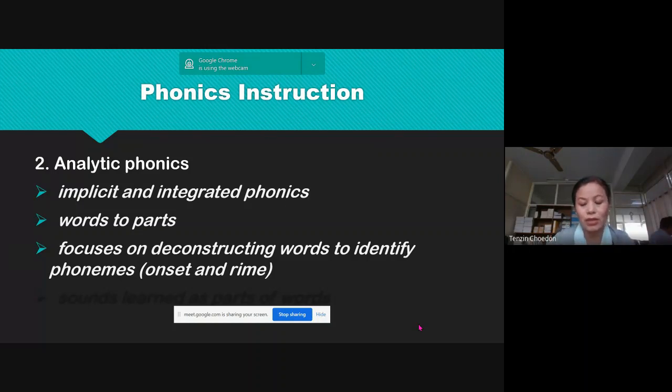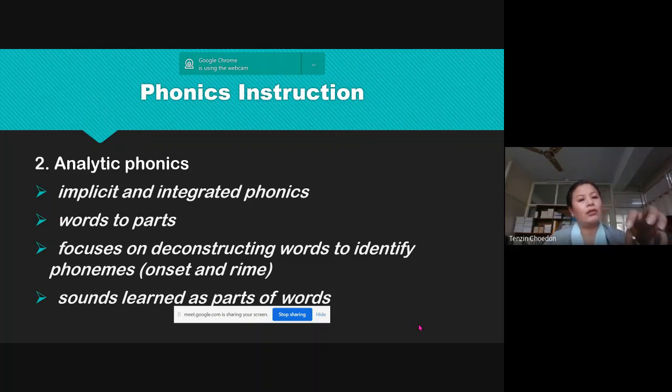We'll learn about this also today. So sounds are learned as parts of words: focusing on the word, breaking it into parts, and finally coming to sounds, and then children learn that sounds are parts of a word.